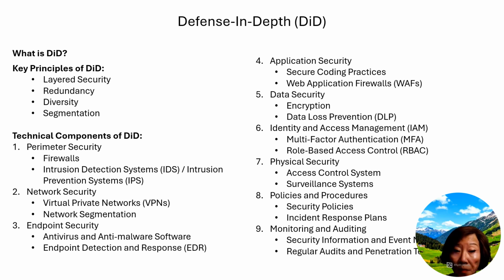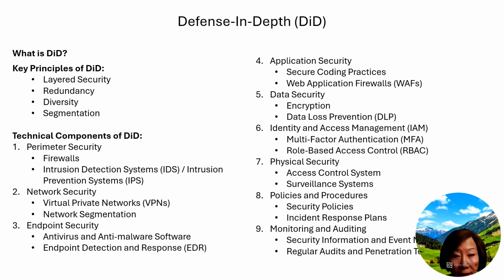That's the idea. Redundancy. Overlapping security measures ensure that the failure of one control does not compromise the entire system. Diversity. Different types of security mechanisms are used to address a variety of threats. This reduces the risk of a single point of failure.